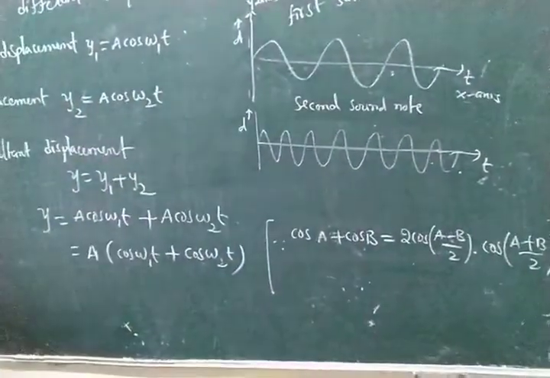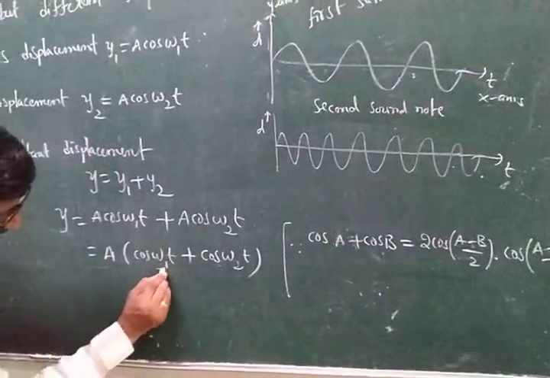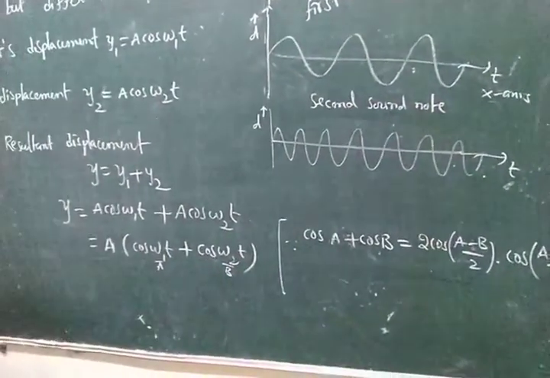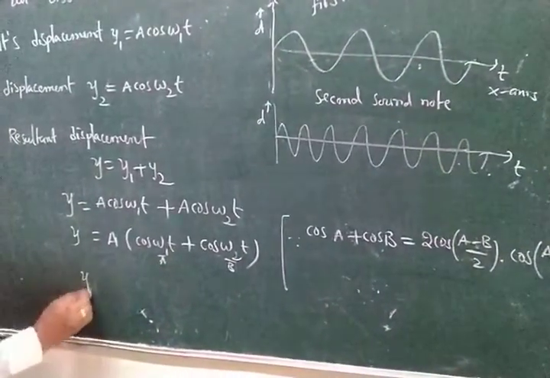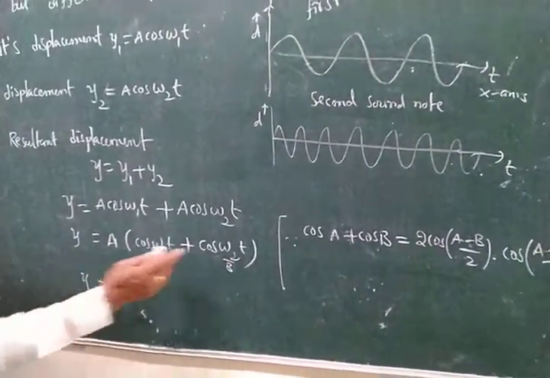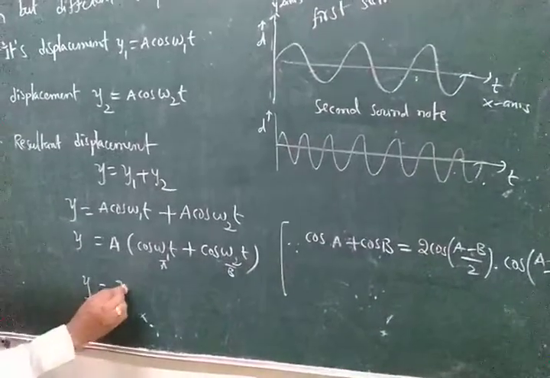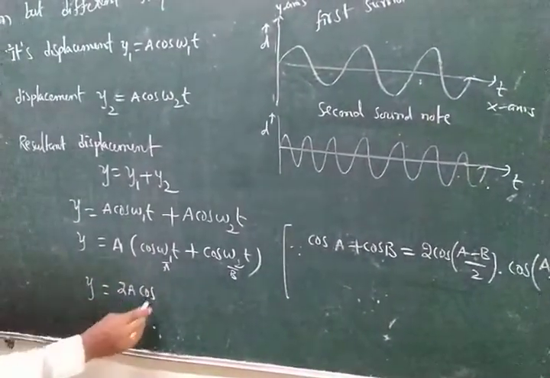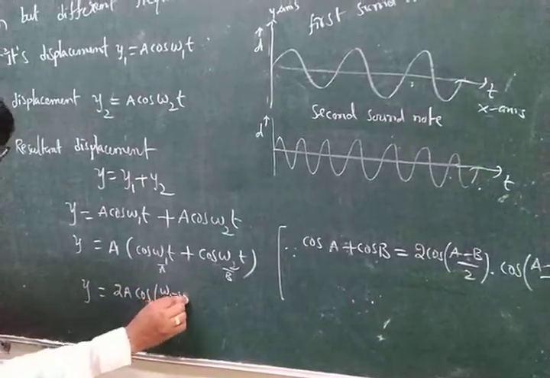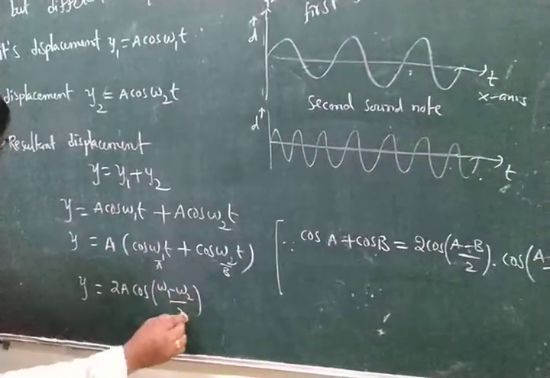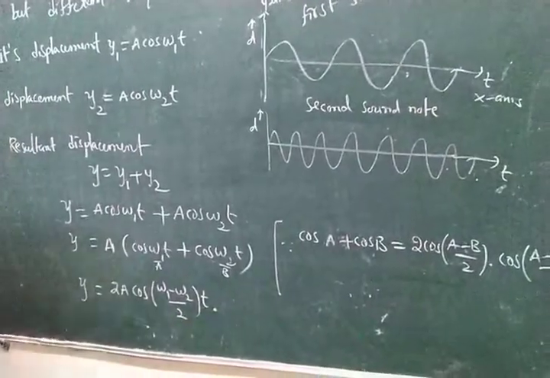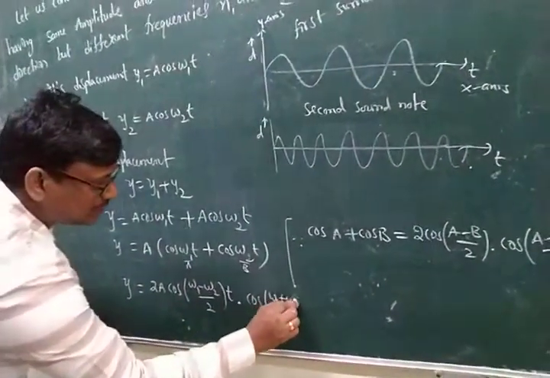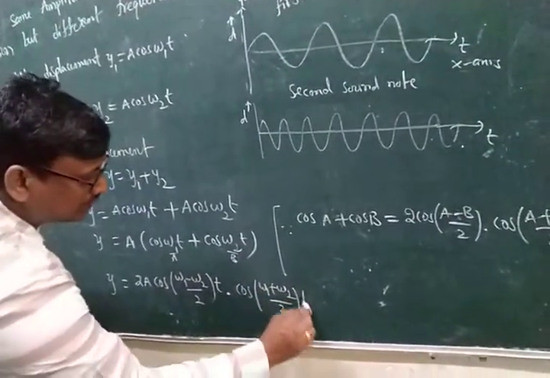Now we can apply here. Omega 1 is considered a and omega 2 is considered b. Then write here the resultant displacement y is equal to 2a cos of (a minus b), nothing but (omega 1 minus omega 2) by 2 into t, dot cos of (omega 1 plus omega 2) by 2 into t.